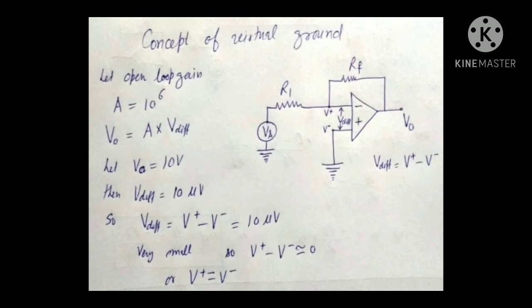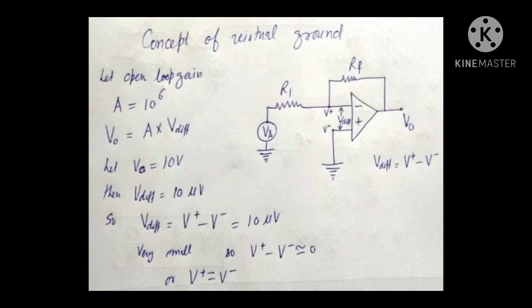V difference is the differential voltage applied at the inputs, that is, V plus minus V minus. Let the output voltage be 10 volt, which is a typical value. Then this V difference will be 10 microvolt, which is a very small value. So we can say that this V difference is negligible and V plus minus V minus is 0, and both the terminals are at the same potential.